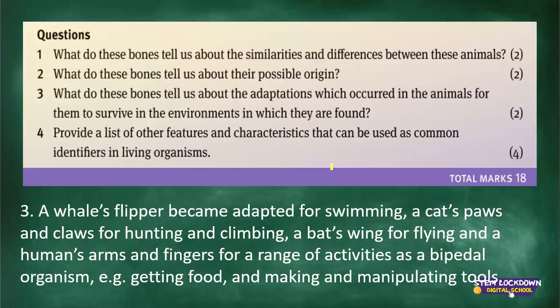But a bat's wing was adapted for flying, and a human's arms and fingers for a range of activity as a bipedal organism, for example, when we get food, making and manipulating tools, and also to hold onto things, like when you hold a door handle. We've become adapted to those things.